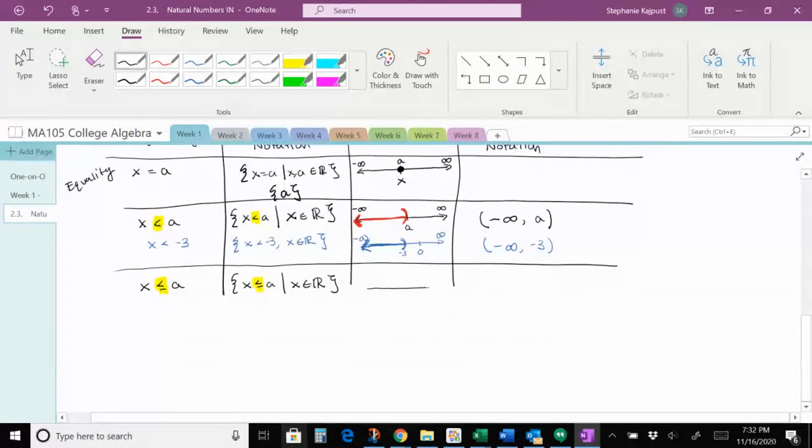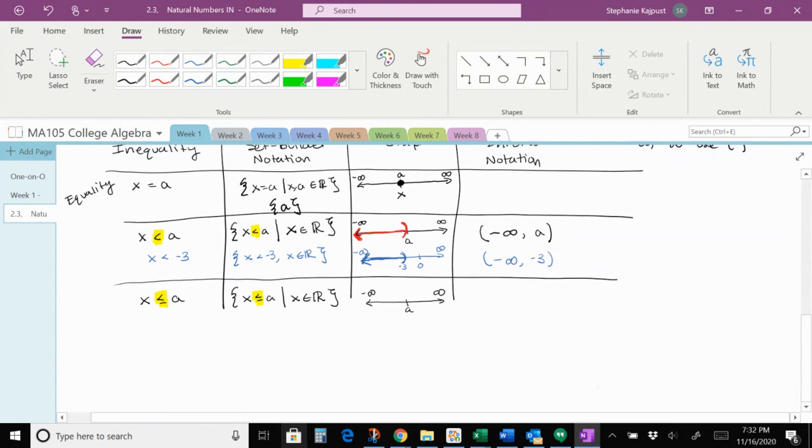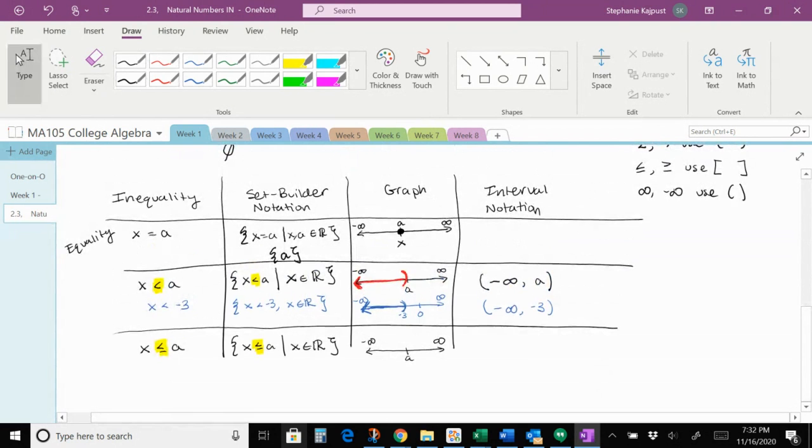When we graph it, the only thing that changes is that instead of a parenthesis at A, we use a bracket because it's a less than or equal to. So I would have a bracket facing the smaller numbers, the less than numbers. That's the only difference between these two: one has a parenthesis, one has a bracket.